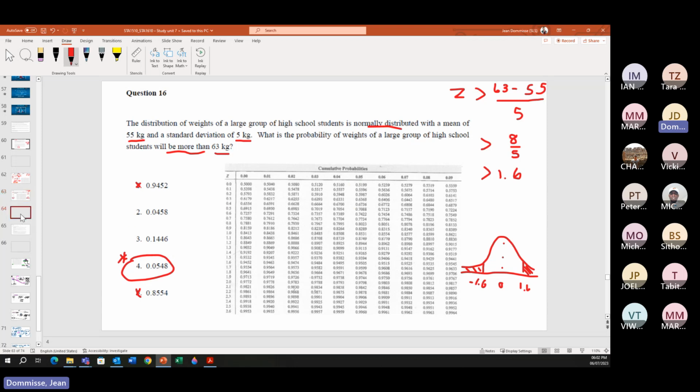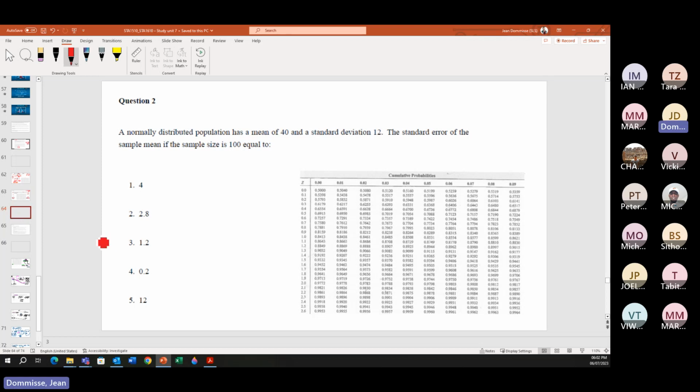Okay, then the next one. They tell you a normally distributed population has a mean of that, a standard deviation, and ask for the standard error of a sample mean if the sample size is equal to 100.